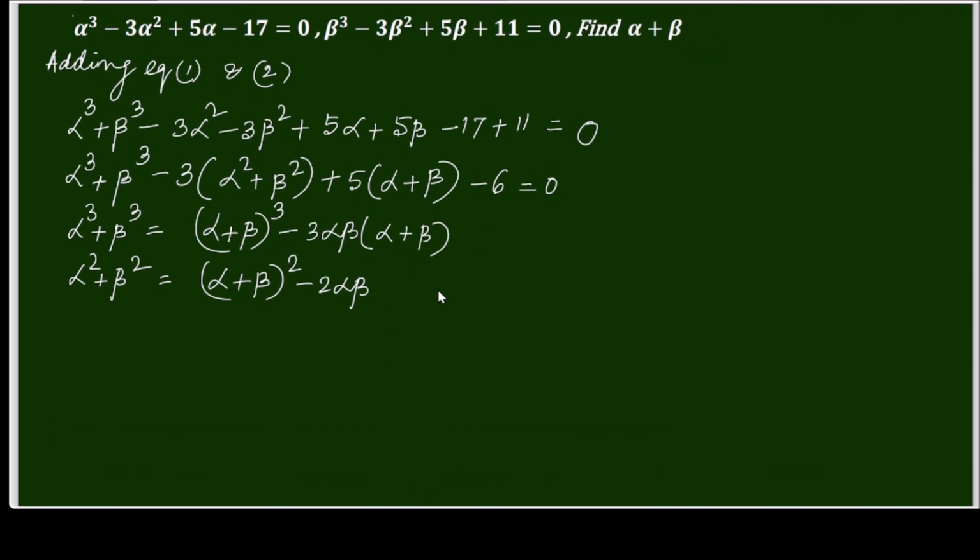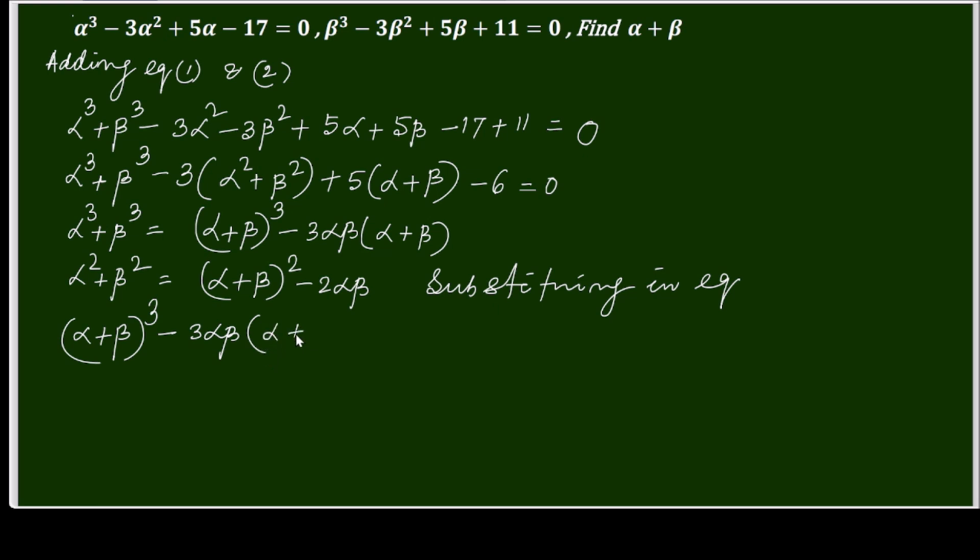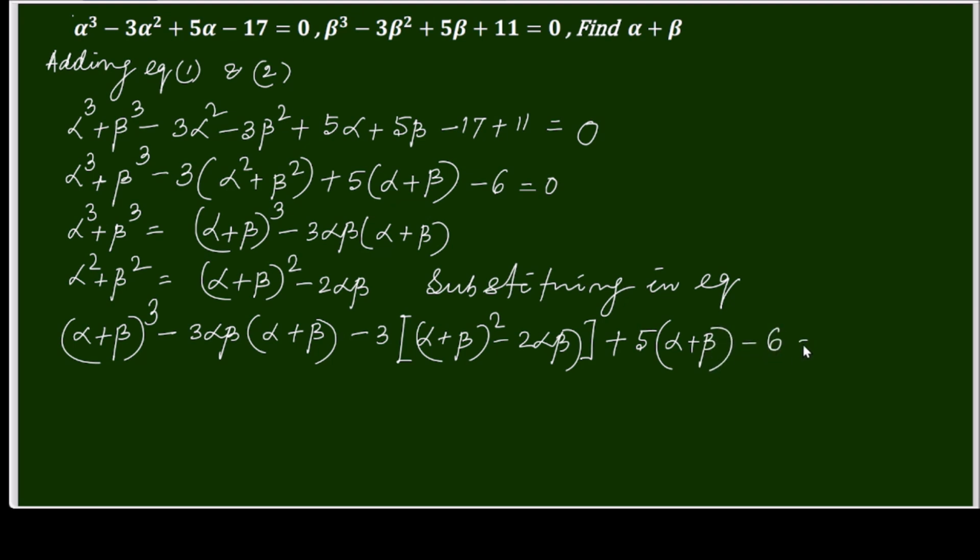Substituting in the equation, we'll get alpha plus beta whole cube minus 3 alpha beta into alpha plus beta, minus 3 into alpha plus beta whole square minus 2 alpha beta, plus 5 into alpha plus beta minus 6 equals 0.